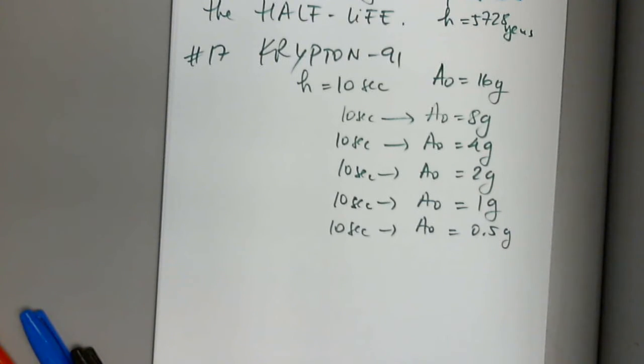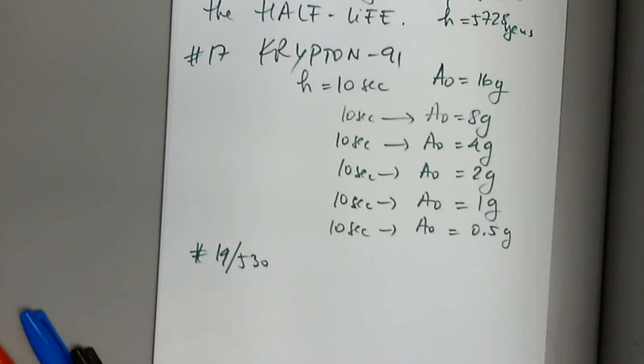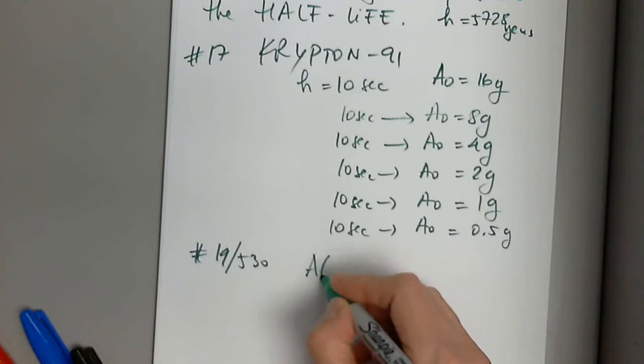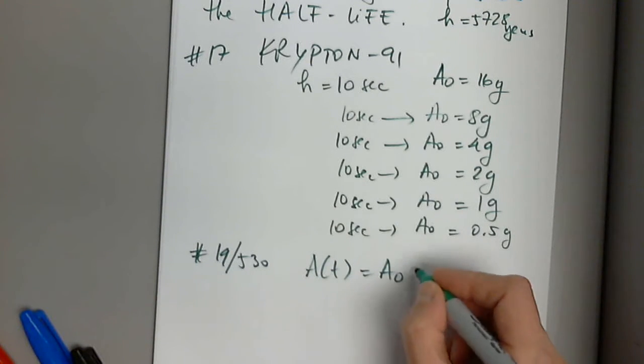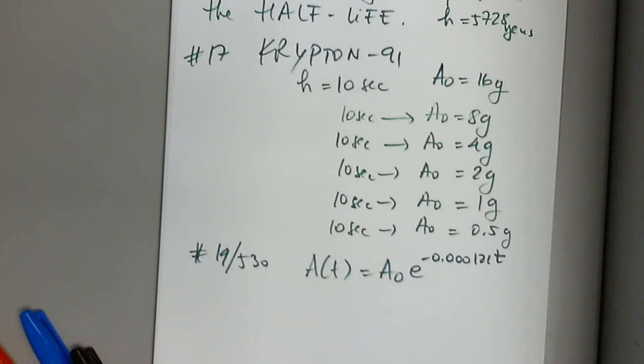Okay, let's look at one more. Unless you need more, and I'm hoping you will come with more problems next time. On page 530, problem 19. Use the exponential decay model, which now we know will be given to you, for carbon-14 that we just discussed.